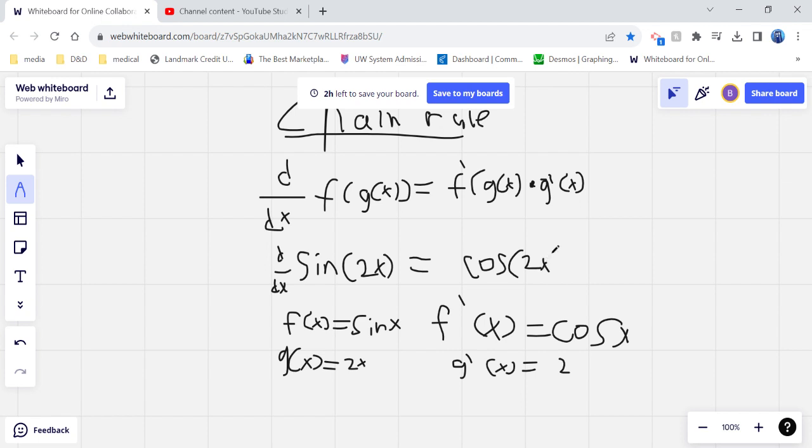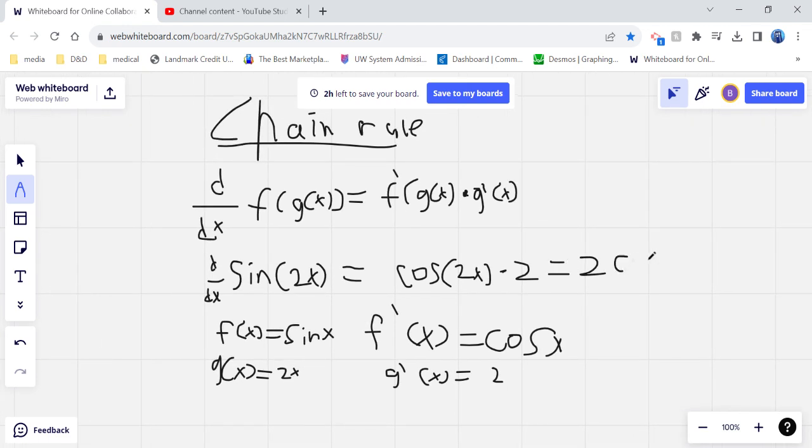So you see this is f prime of g of x. So g of x is still left as it was inside of f prime, but then we multiply by the derivative of g of x, right? So what we're basically left with is 2 cosine of 2x.